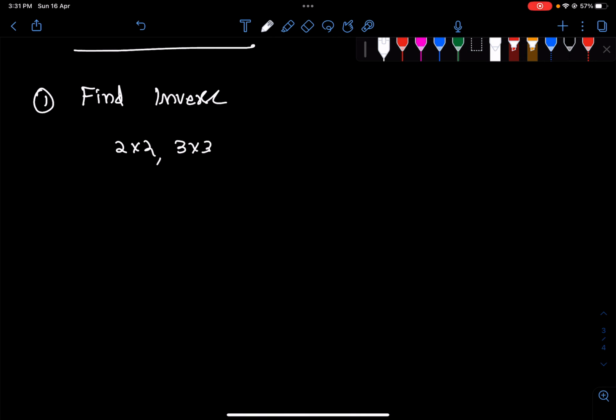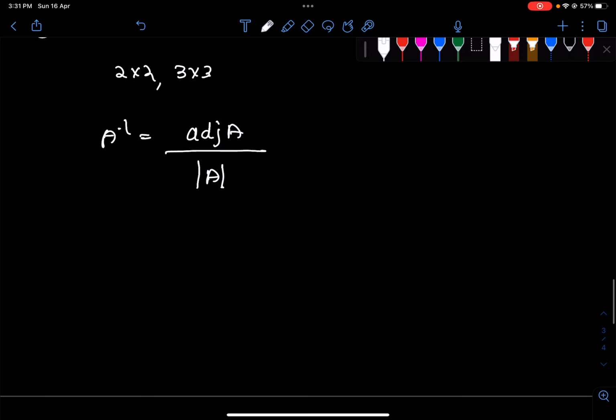It should be a square matrix, and the inverse is nothing but adjoint A divided by determinant A.